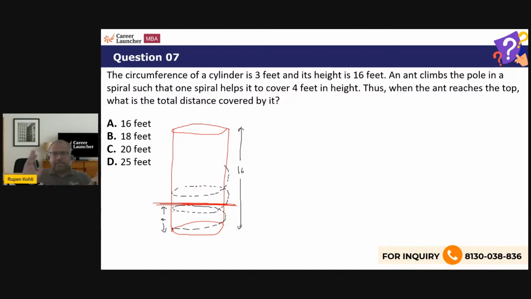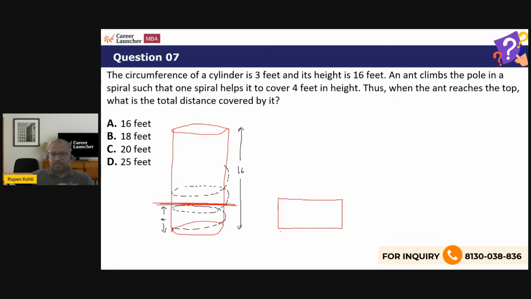Consider opening the cylinder; imagine it's a hollow cylinder. I don't care whether it's a solid or hollow cylinder, right? Imagine it was just a sheet of paper that was rolled around, and imagine opening it out. What would you see? How would the path of the ant look on that opened rectangular sheet?